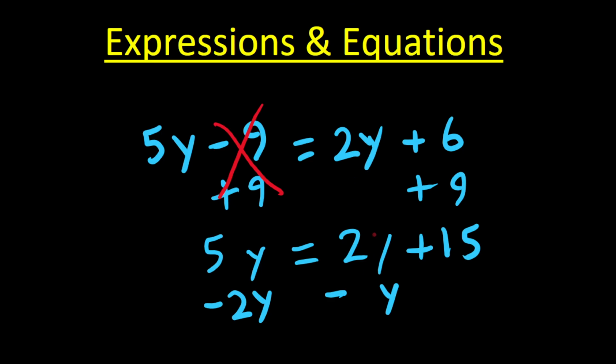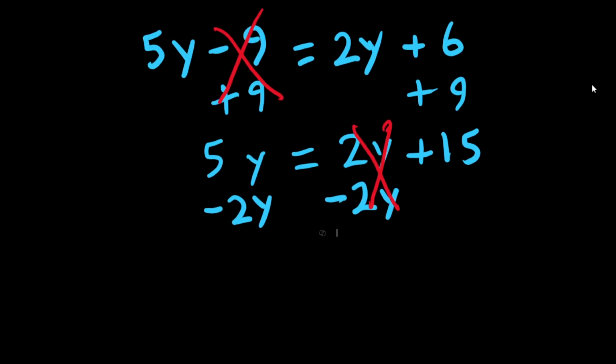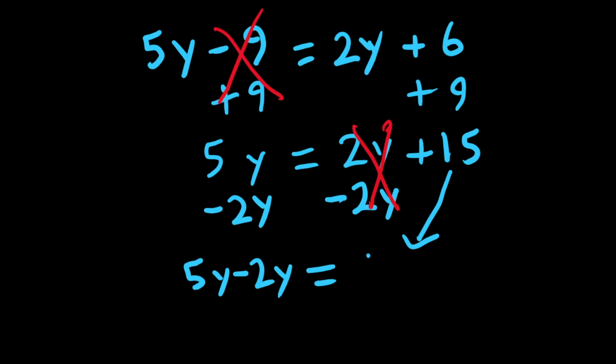These cancel out. And then we have on this side 5y minus 2y equals, these are canceled out, and we're just bringing down this positive 15. So now, right here, we have 5y minus 2y.